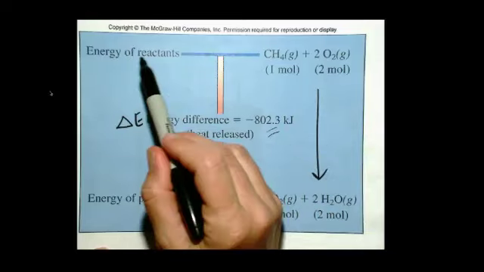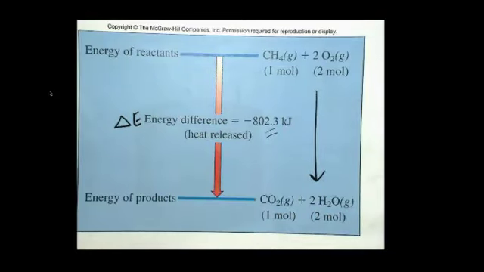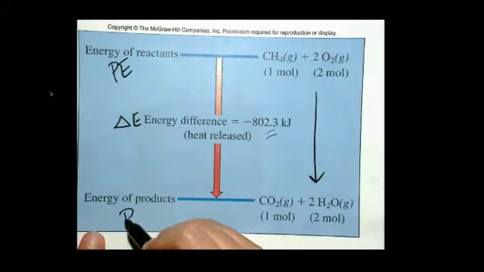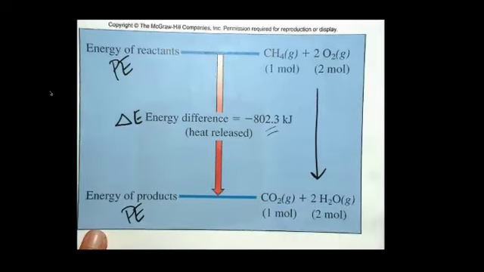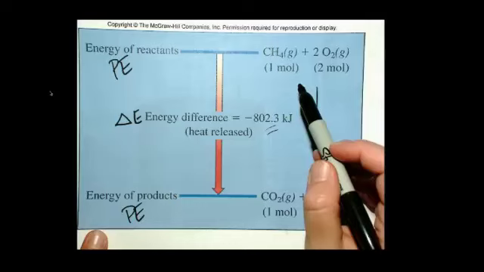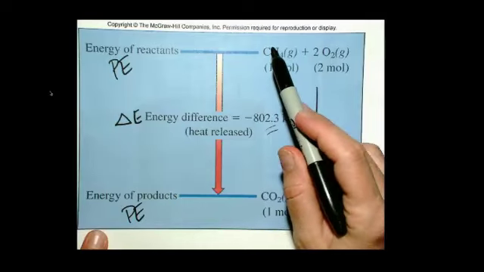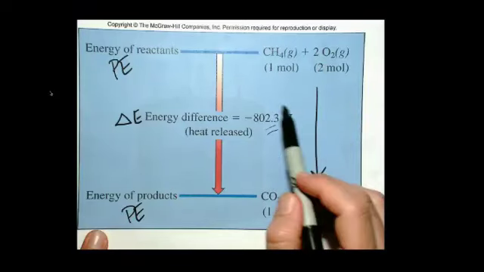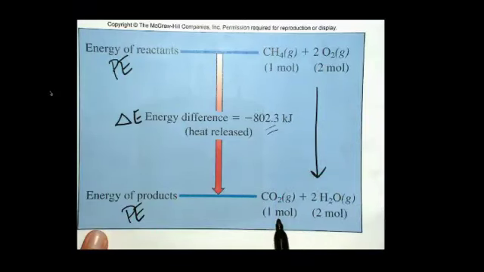When we talk about this energy of the reactants, what is the energy? This is really the potential energy of the reactants and the potential energy of the products. And the potential energy has to do with the position of all these atoms in relationship to each other. The position of hydrogen and carbon and the 2 oxygens here is of higher potential energy than when they rearrange themselves. Remember, matter is conserved.